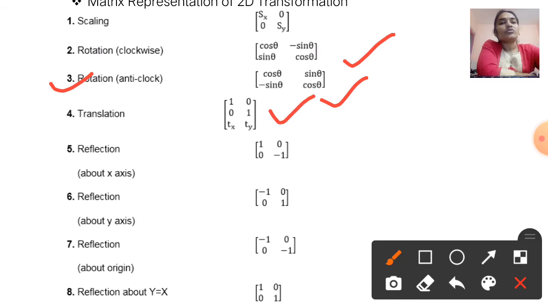Then let us come to reflection about x-axis. In 2D matrix representation, reflection about x-axis is 1 0 0 minus 1. Reflection about y-axis is minus 1 0 0 1. And reflection about origin is minus 1 0 0 minus 1.